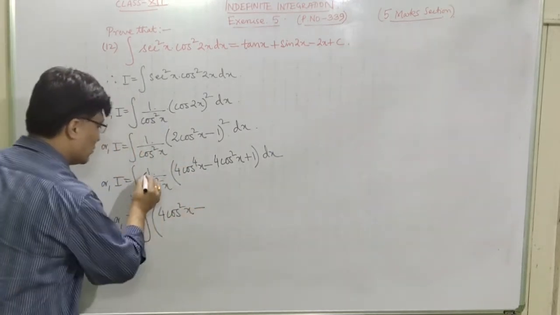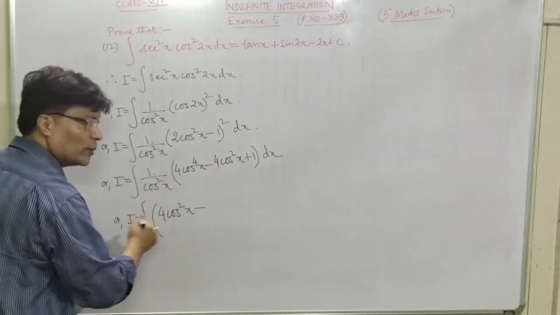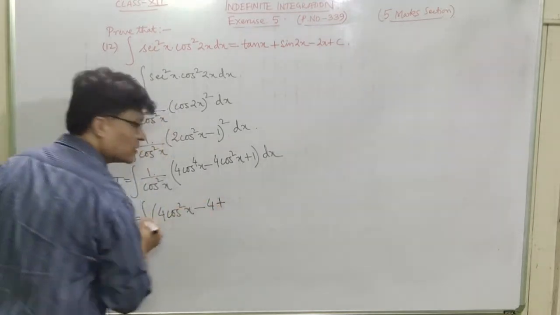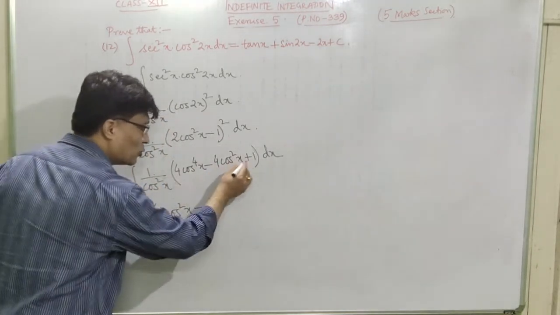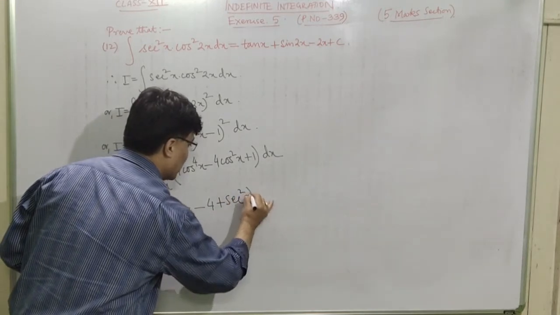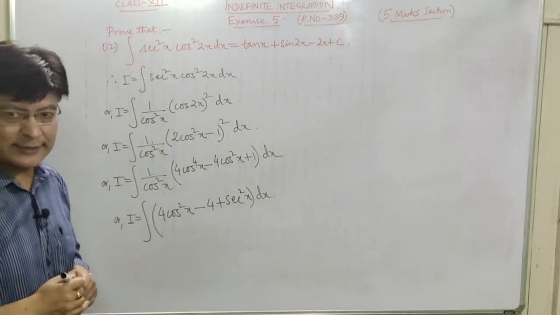Then minus, what is 1 by cos square x into 4 cos square x? This cos square x will be cancelled, which is minus 4. Plus, what is 1 by cos square x into 1? That is sec square x, bracket closed, then it is dx.